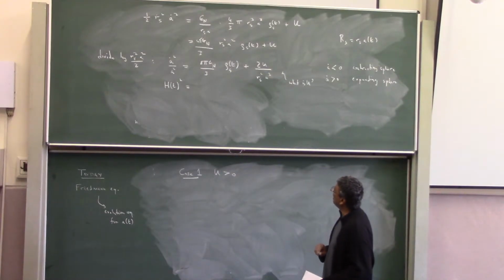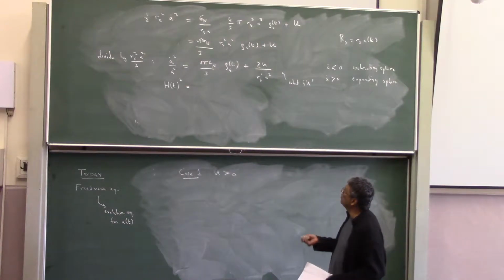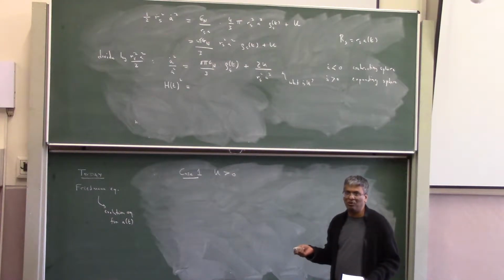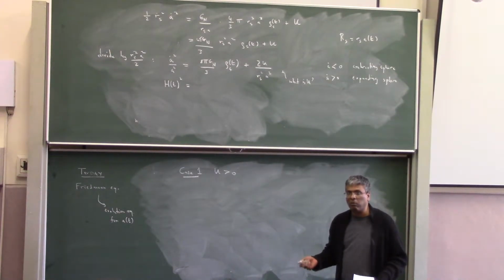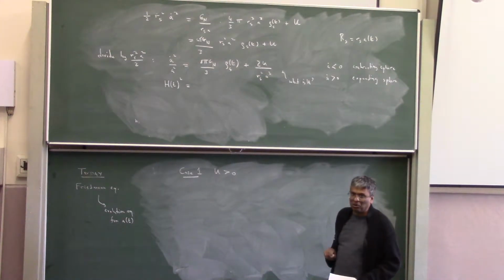Then the right-hand side is always positive: 8 pi G Newton over 3 are all positive parameters, rho s of t is mass density, which is also positive, and now u is positive.